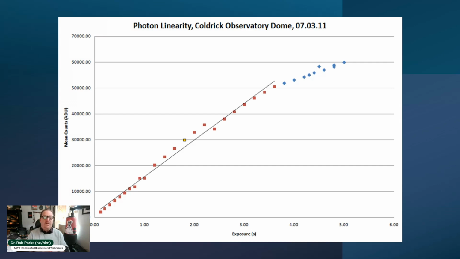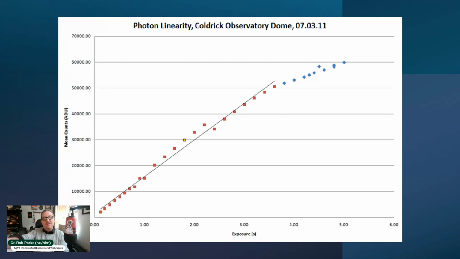In this case, the linear regime is approximately from about, I would say, 0.5 seconds to roughly 3.5 seconds. On the short end, you start dealing with such effects as detector noise. But over here, what you see with cameras is that when you get closer and closer to the limit, which I'll talk about in a second, the relationship between the exposure time and the number of counts falls off and is no longer a straight line.